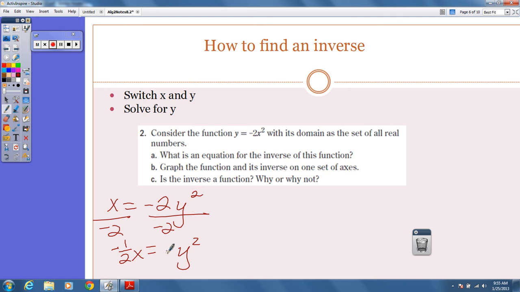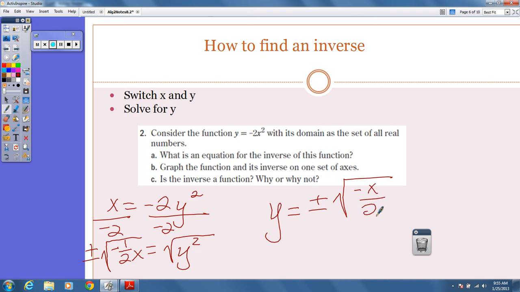I'm going to square root both sides. When I square root both sides, usually when we square root a variable like this, we do throw the plus and minus in front. It is imperative that you do that here, okay? The reason being is because there's two sets of values that you could square to get this negative 1/2 x, and you need to consider both of those, the positive and the negative. So my new equation is y equals plus or minus square root of negative x over 2.